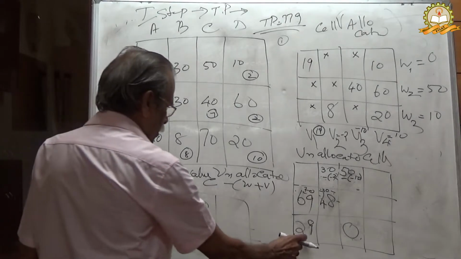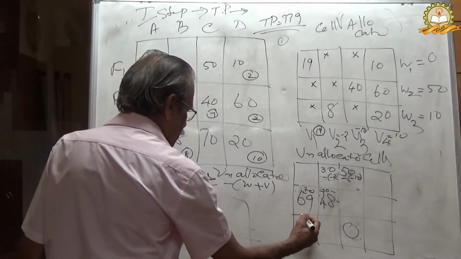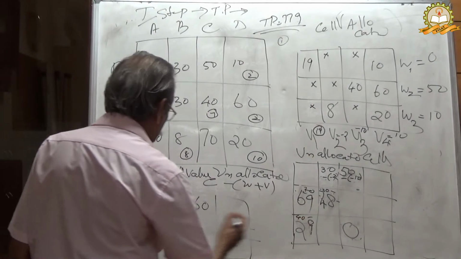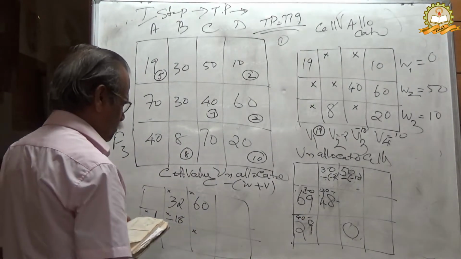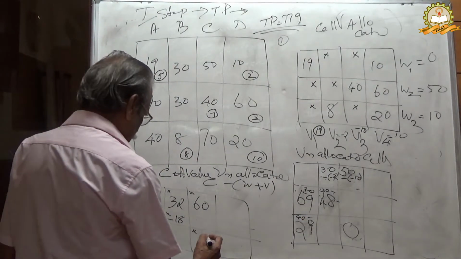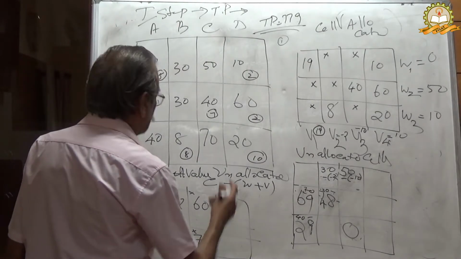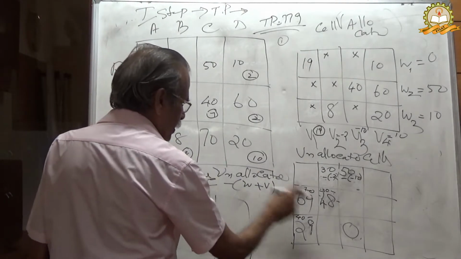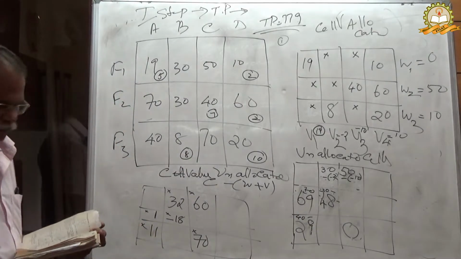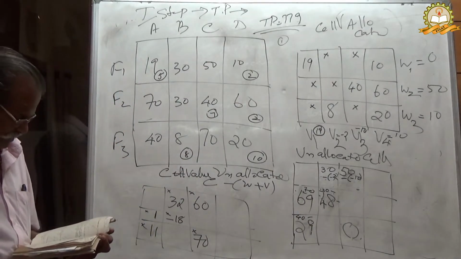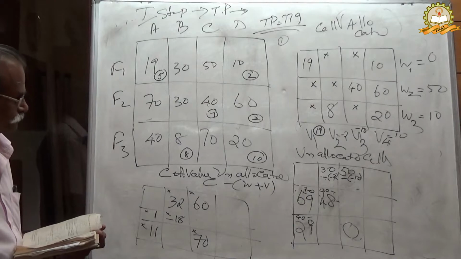And this will be 40 minus 29, positive 11. And this will be 70 minus 0, 70.